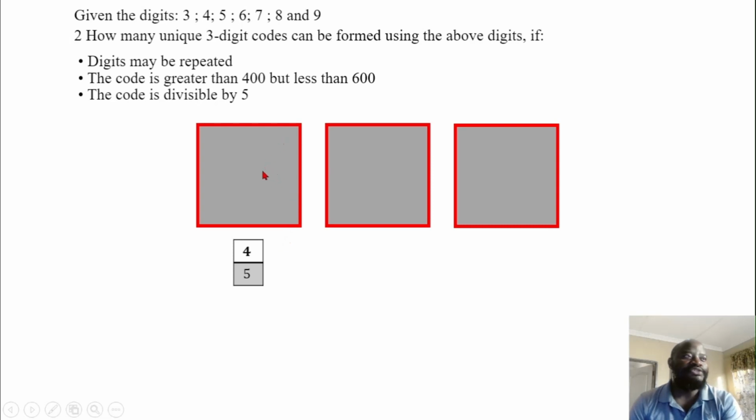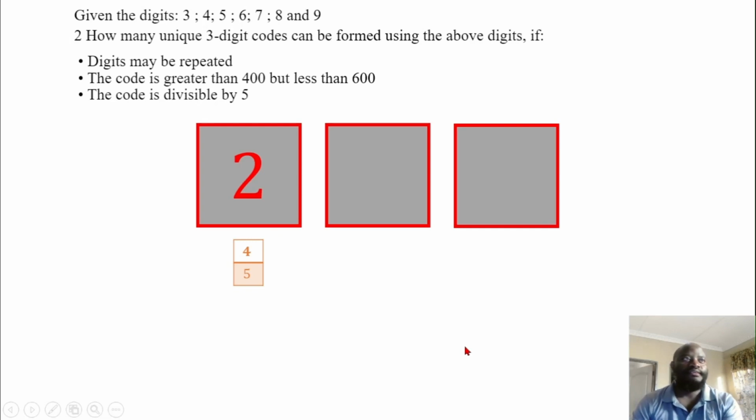Then we needn't worry about the code being exactly 400 because we do know that we don't have zeros in our selection of numbers here. So we are sure that whatever code is going to be here is going to be strictly greater than 400. Okay, so we have 2 things that are possible here. We cannot have a 7 here, we cannot have an 8, we cannot have a 3. So these are the only 2, and for that reason we put a 2 here.